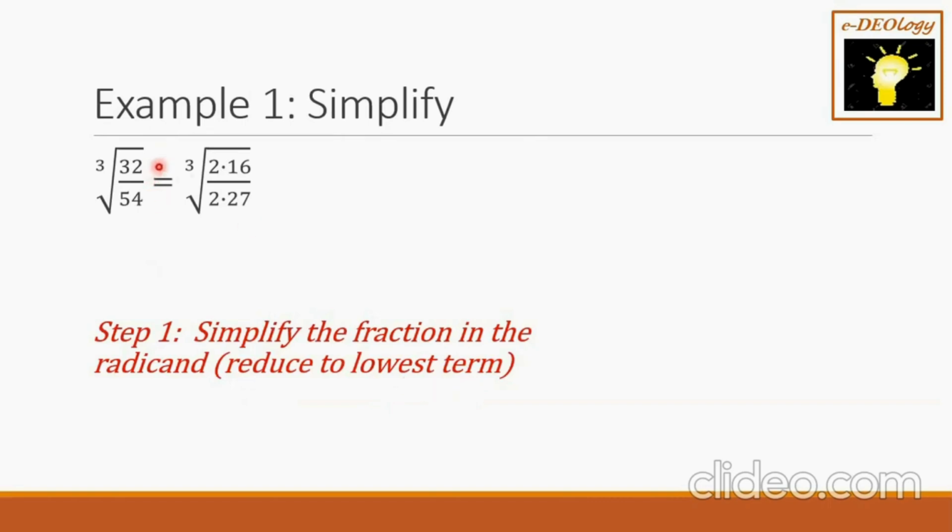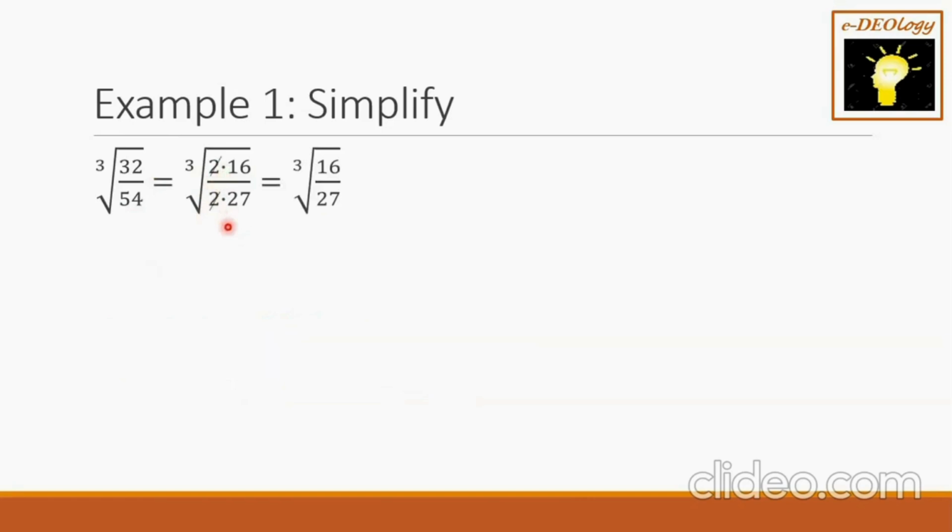You see the 32 is factored into 2 times 16, and the 54 is factored into 2 times 27. The number 2 in the numerator and in the denominator is common, so we can cancel it. So now the radical is simplified into the cube root of 16 over 27.